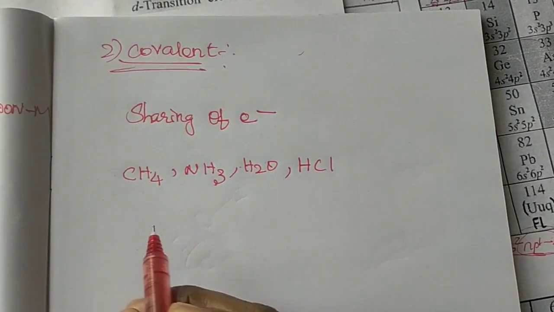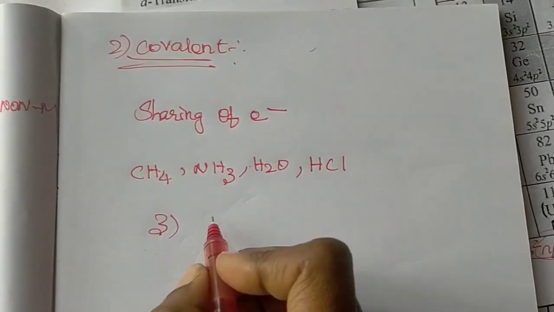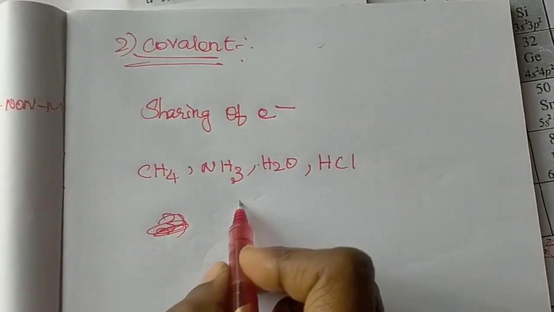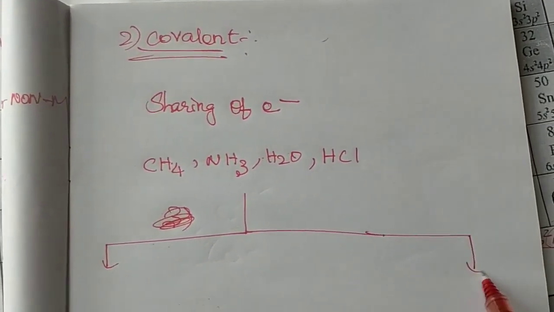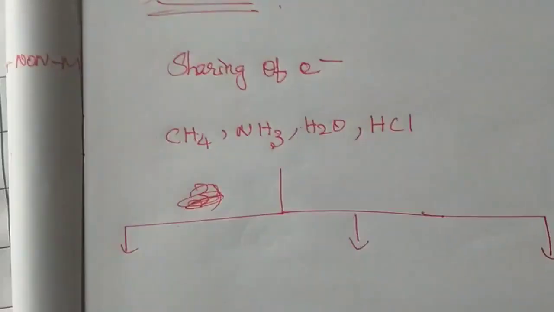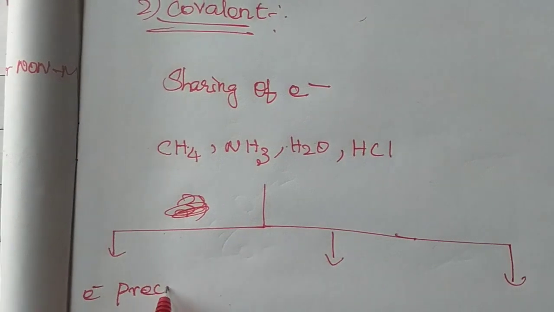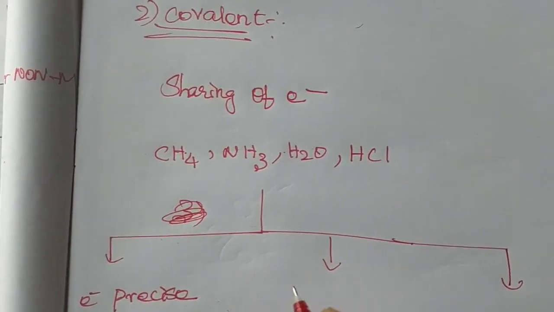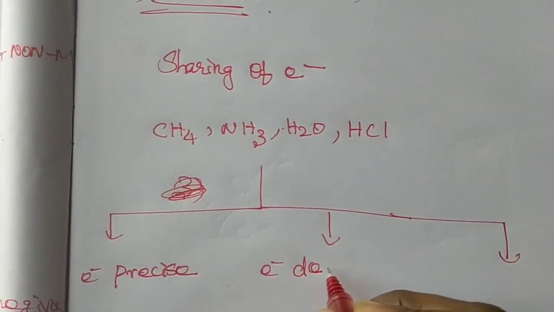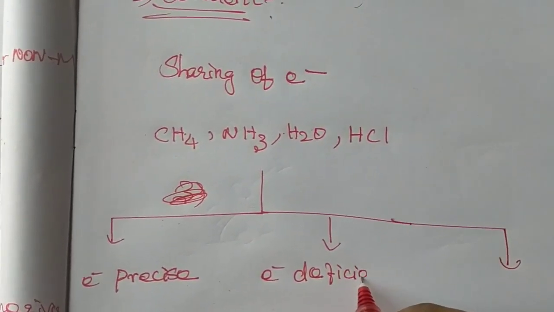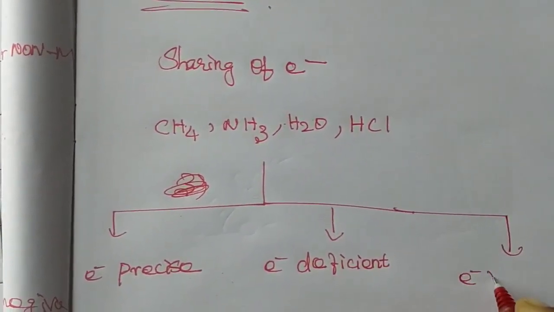This covalent hydride is further classified into three types. The first type is electron precise, the second type is electron deficient, and the third type is electron rich compound.